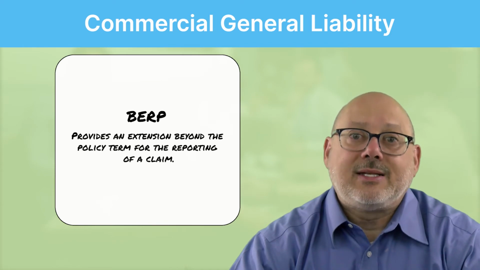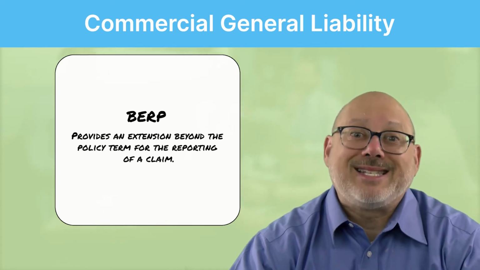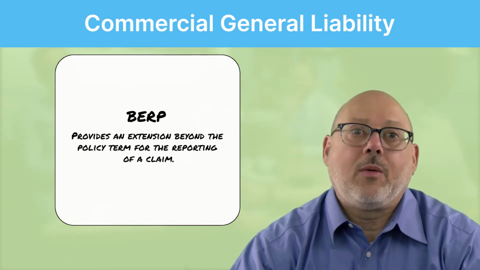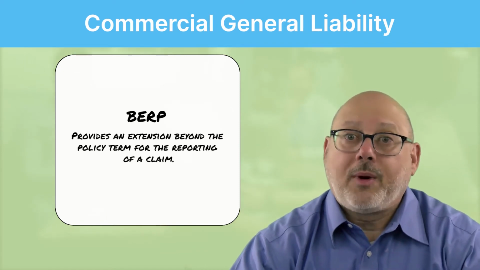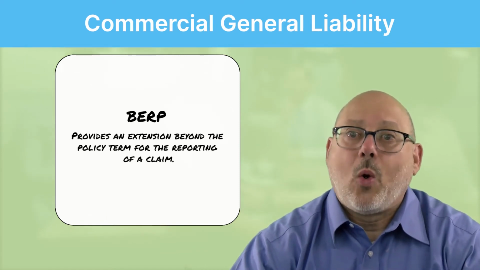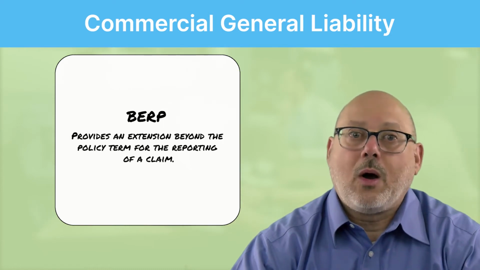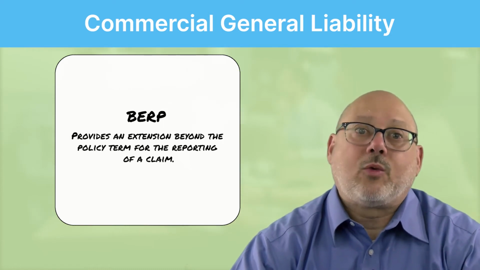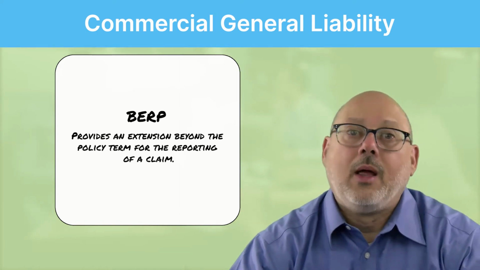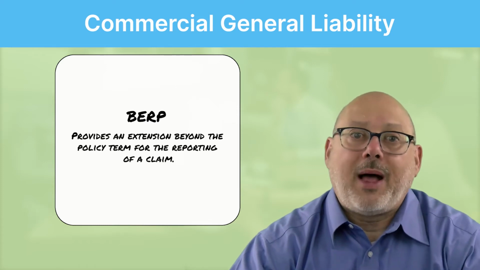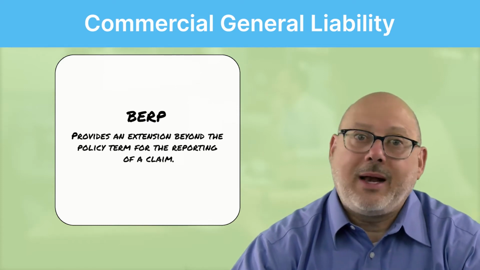The basic extended reporting period provides an extension beyond the policy term for the reporting of a claim. Basically, BERP covers gaps caused by canceled or non-renewed policies, or policies renewed with retroactive dates later than the date stated in the prior year's declaration page, or policies renewed with a policy other than a claims-made policy.